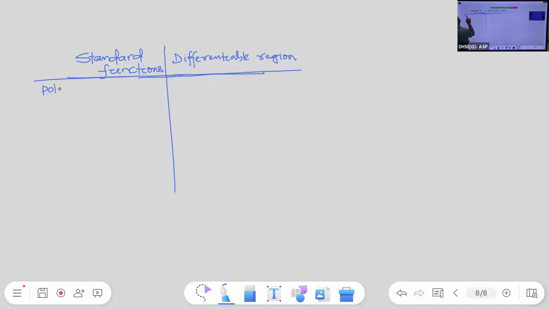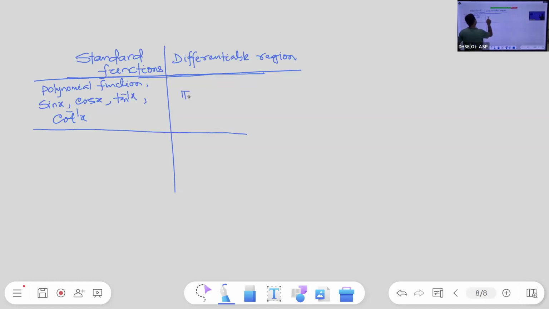Write down: polynomial function, sin x, cos x, tan inverse x, cot inverse x are differentiable on our entire number line.